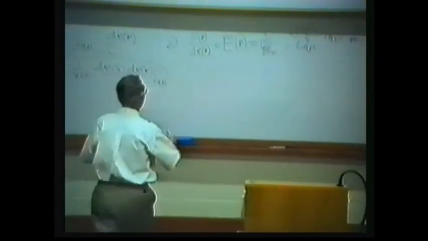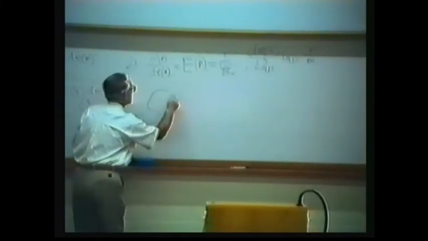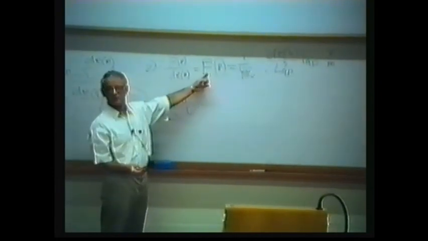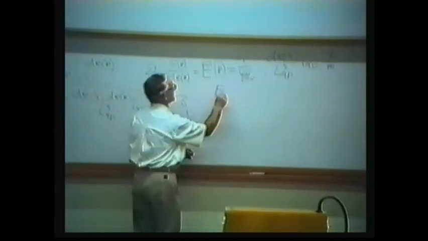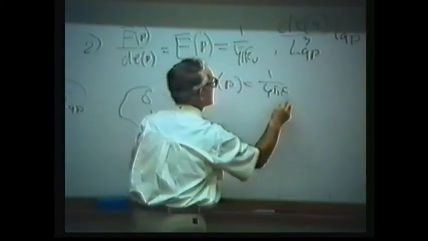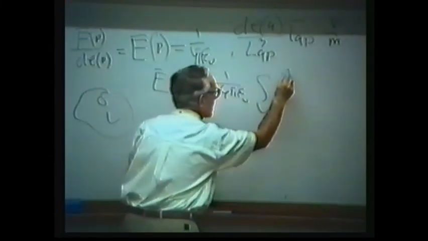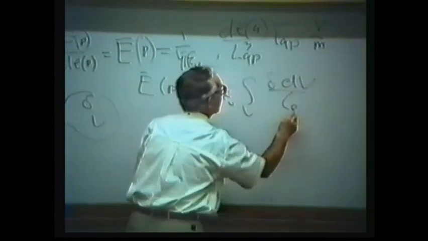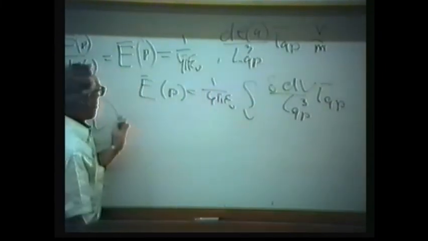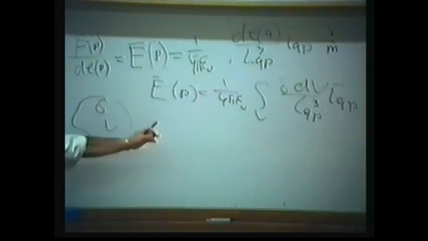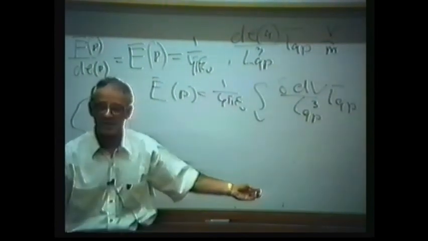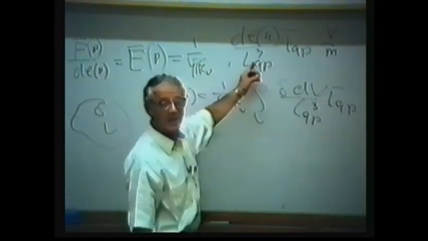So suppose I have some volume with many charges. How to write the expression for the electrical field? Electrical field is equal to unit divided by epsilon naught, volume integral of the charge density times the vector LQP over LQP cubed, dV. So I perform summation. If you look at this expression, it does not tell you the field decays extremely quickly as unit divided by L square.